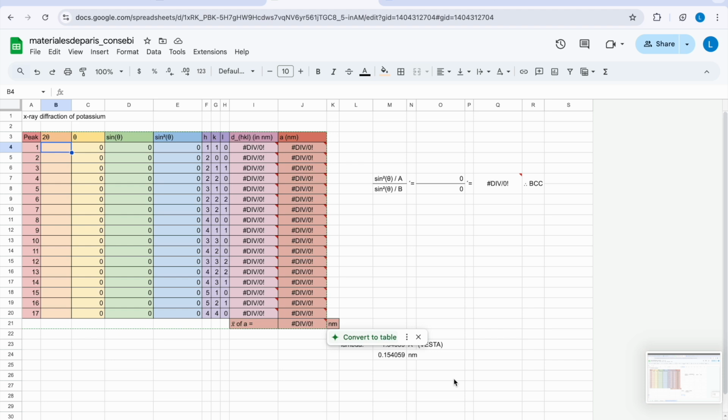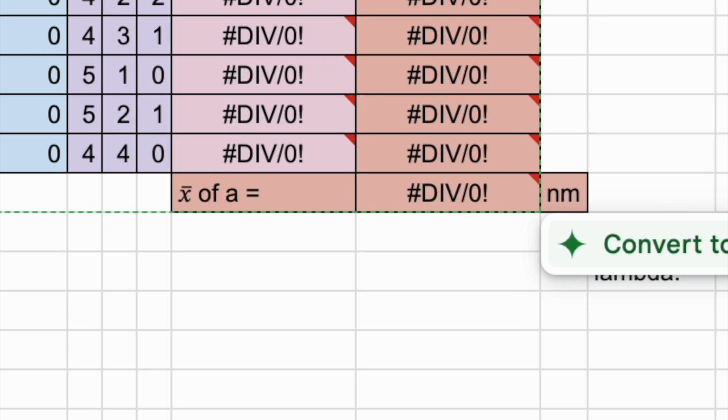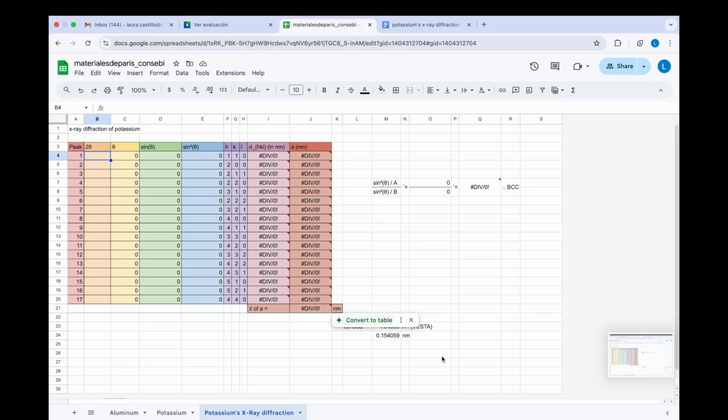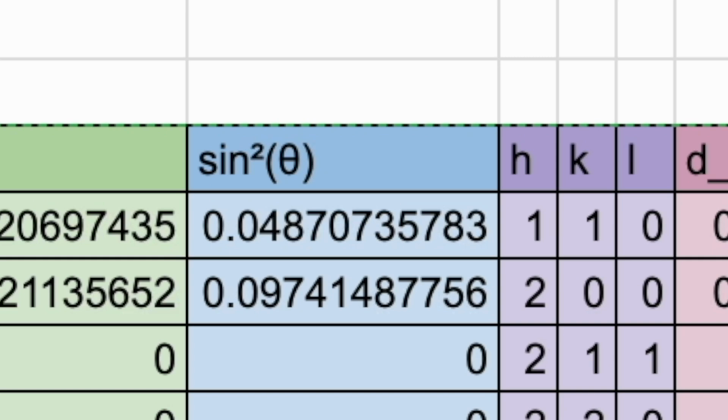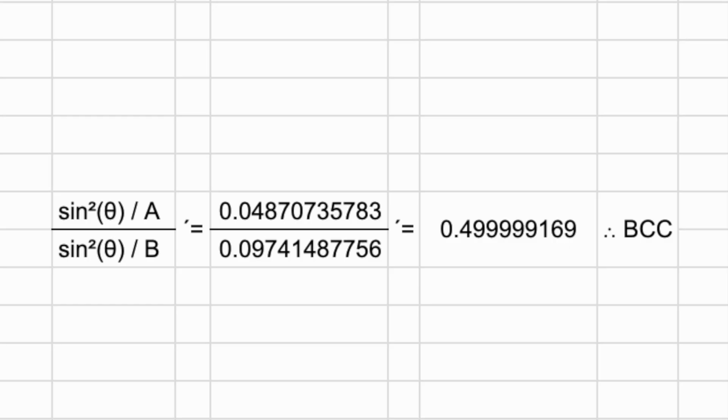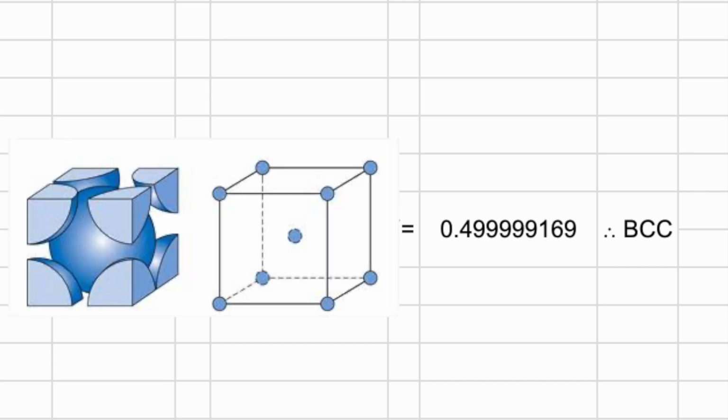And now with the 17 values, we will get an average that you can see now. With the first two values, by applying the formula, you get 3.499, and this will let us know that it is a BCC structure.